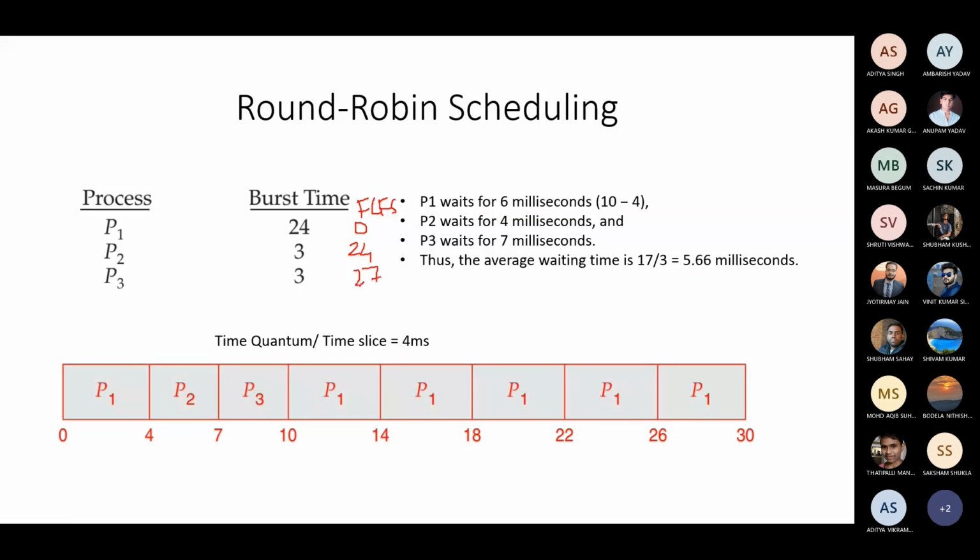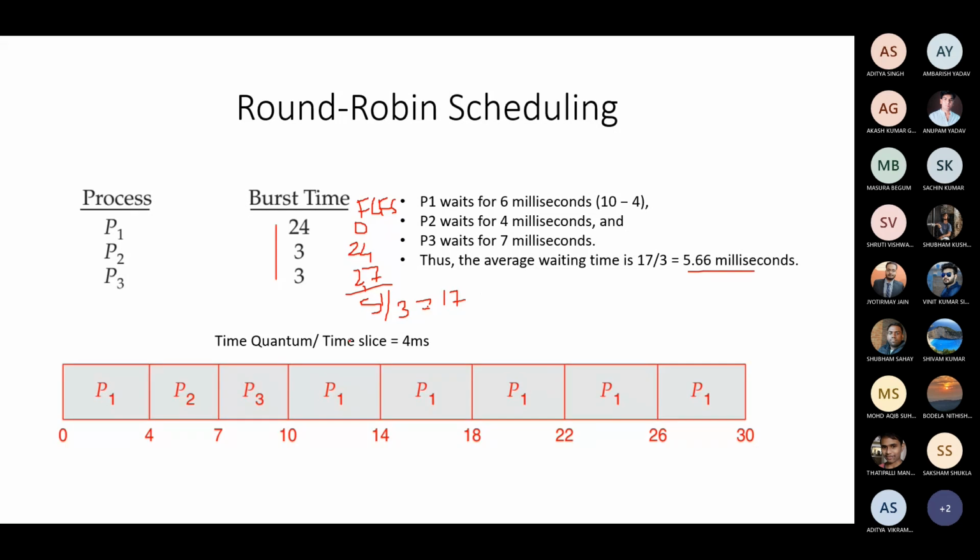So what is the average waiting time? 51 divided by 3. This will give you 17 milliseconds, correct? Yes, sir. But because of the round robin scheduling algorithm, the same approach we could bring down to 5.66 milliseconds.